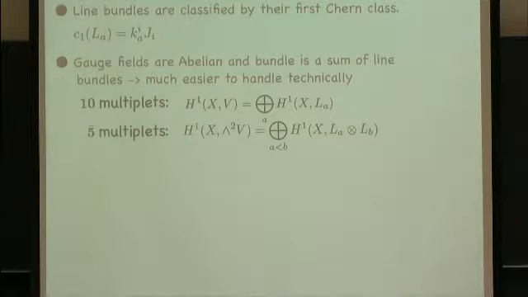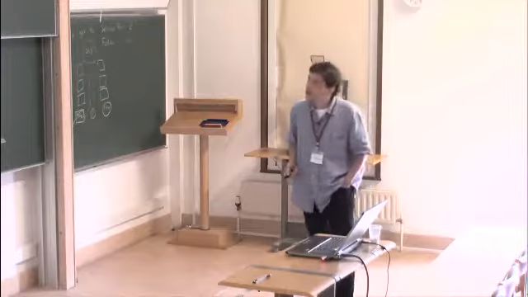The further computations that you need to do with the bundles, such as cohomology computations, also get much easier for line bundles. So Bert already explained that you get the number of multiplets, the GUT multiplets as an example, by computing, say, the first cohomology, if you are interested in the number of 10 multiplets. So H^1 of V, that would be the general expression that you need to look at. But in our case, V is the sum of 5 line bundles, so that just breaks up into the sum of these 5 line bundle cohomologies, each of which is much easier to deal with than a non-abelian cohomology.